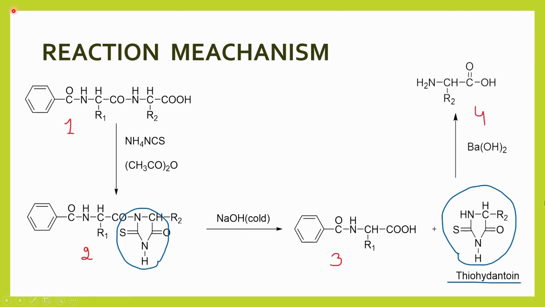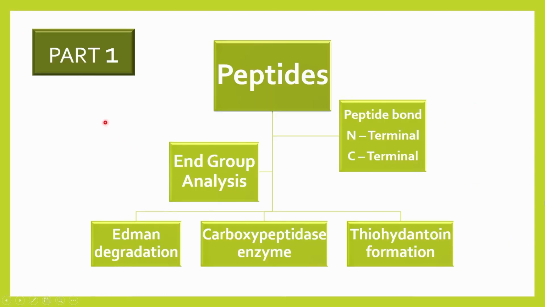So that ends our first part of the lecture, peptides. Let's have a quick recap of what we did. We started with the basic definition of peptides, what type of bond they have, and the N and C terminal that is present in every peptide chain.